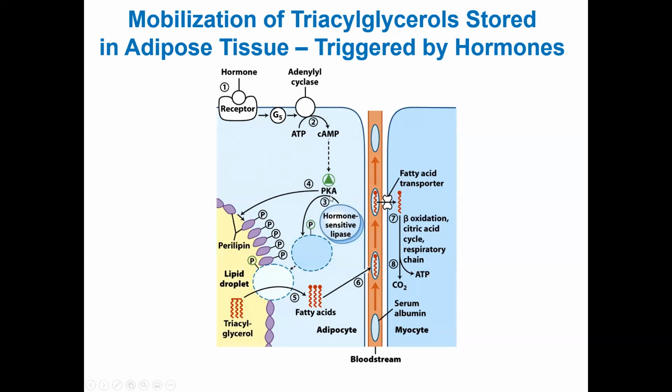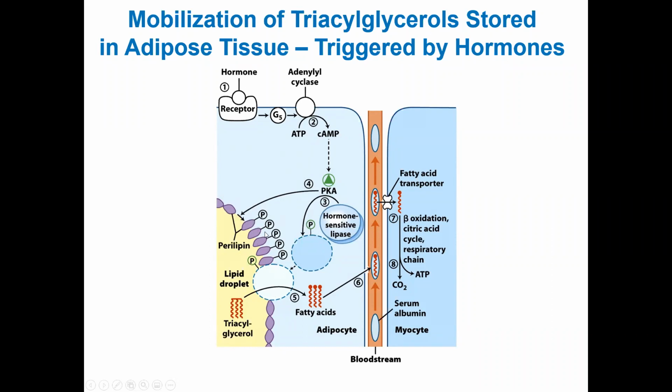PKA has two functions, if you recall. The first thing it will do is phosphorylate hormone sensitive lipases, and the second function is to phosphorylate this barrier protein that is protecting the stored fat in the form of neutral fat, perilipin.